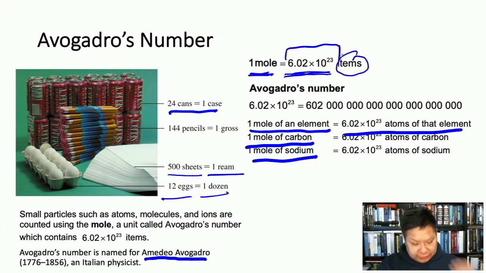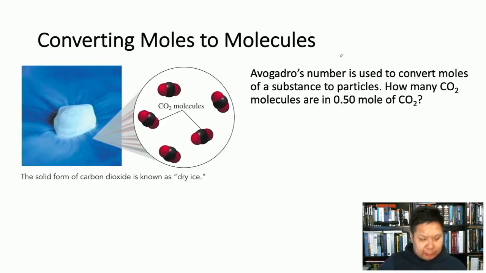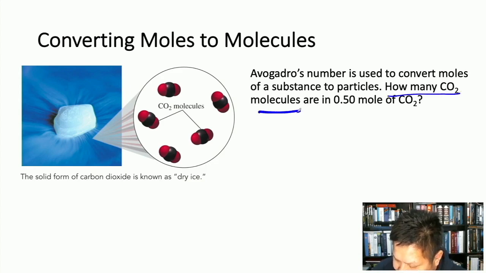So really, we use the mole to help us convert the number of moles of a molecule to the actual number of molecules there are, right? So in this particular example, we're talking about some moles of dry ice, or frozen carbon dioxide. So the question is, how many CO2 molecules are in 0.5 moles of CO2, or carbon dioxide?